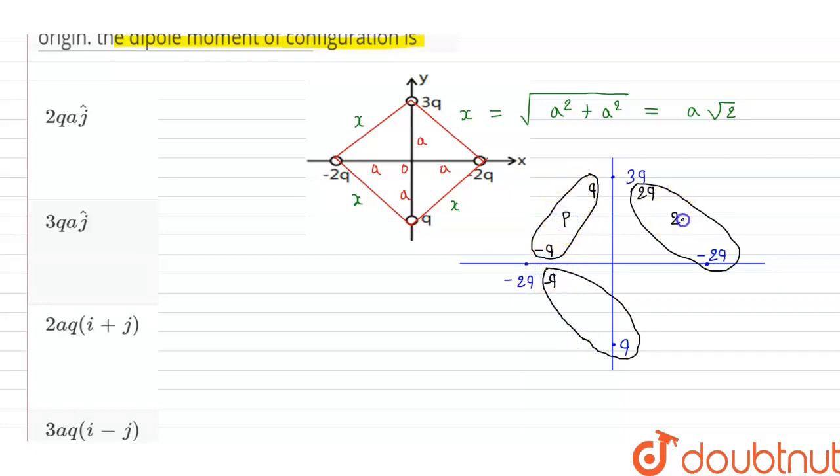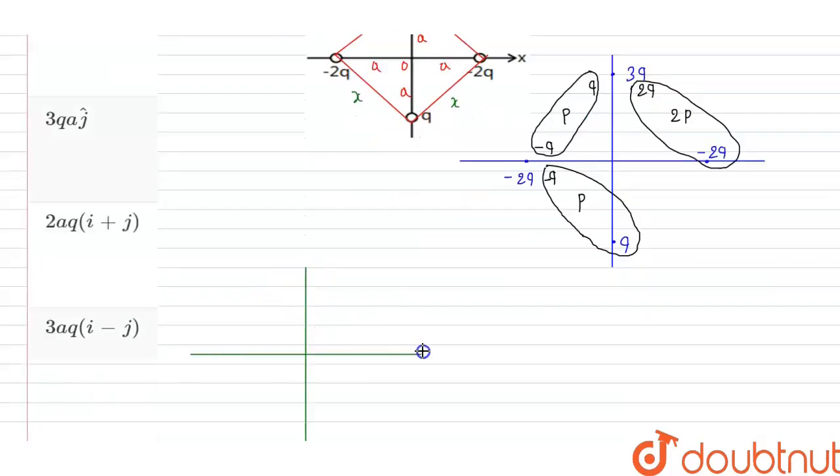P dipole, 2p dipole, and this is p dipole, and the net dipole, and the direction of dipole is from negative to positive. This direction, this in this direction, and this in this direction.